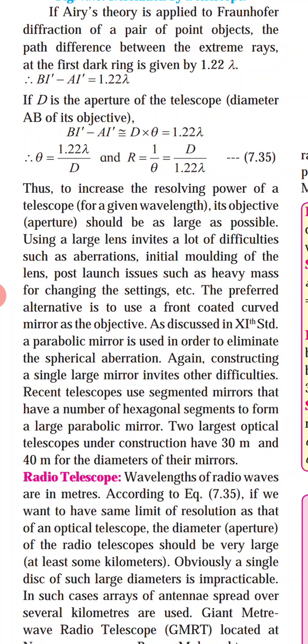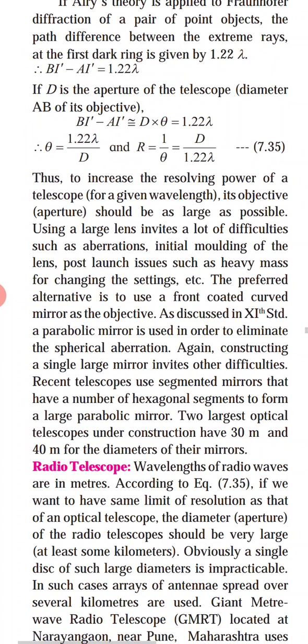Again, constructing a single large mirror invites other difficulties. So recent telescopes use segmented mirrors that have a number of hexagonal segments to form a large parabolic mirror. The two largest optical telescopes under construction have 30 meter and 40 meter diameters for their mirrors.